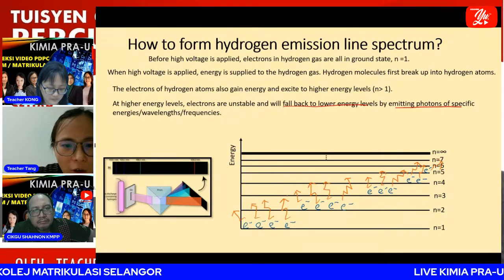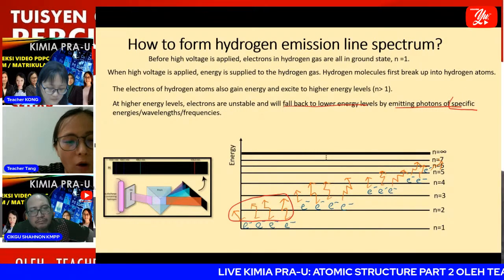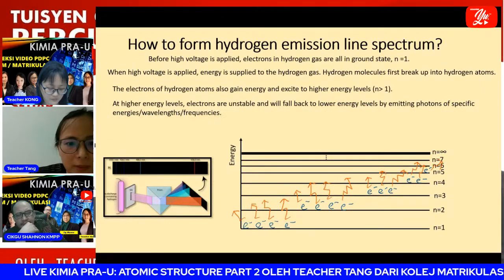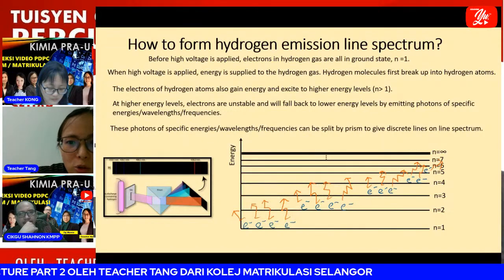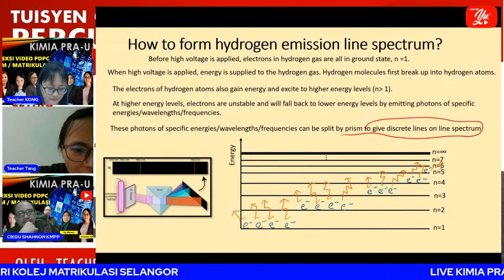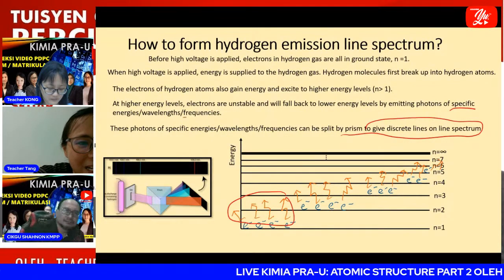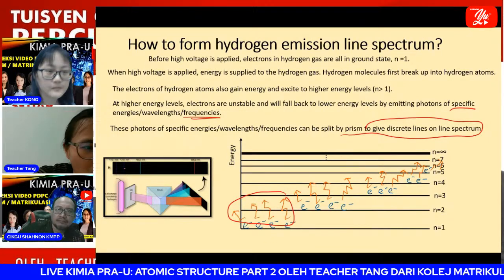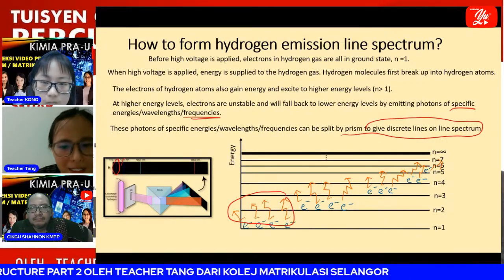This photon emitted will have a specific energy, wavelength, or frequency, which causes the discrete line to be formed on the line spectrum. It's because the photon emitted has a specific frequency, wavelength, or energy. That's why when passing through the prism, it will give a discrete line like this on the line spectrum.